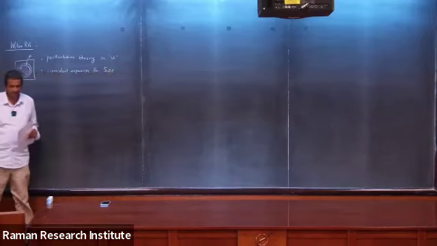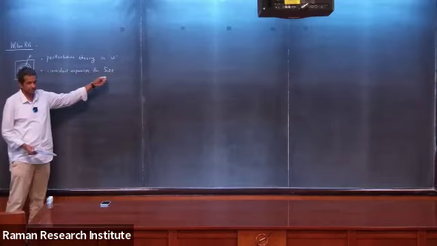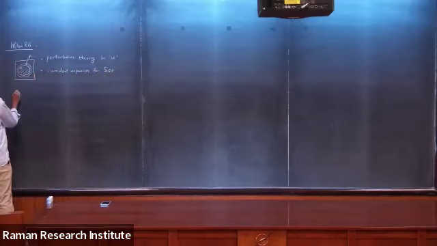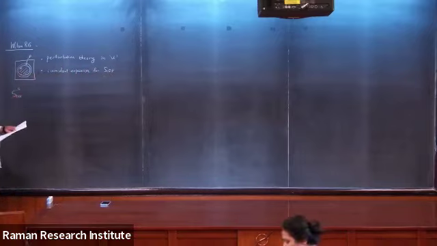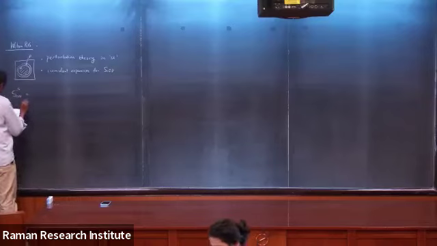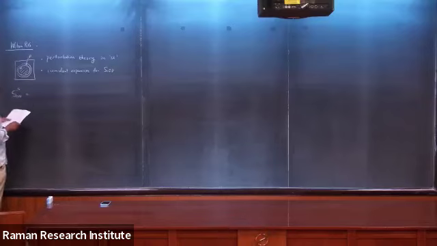For this effective action, we computed the leading order term here, right? So what did we find? We found that the effective action for the slow modes to leading order in U was given by the following.